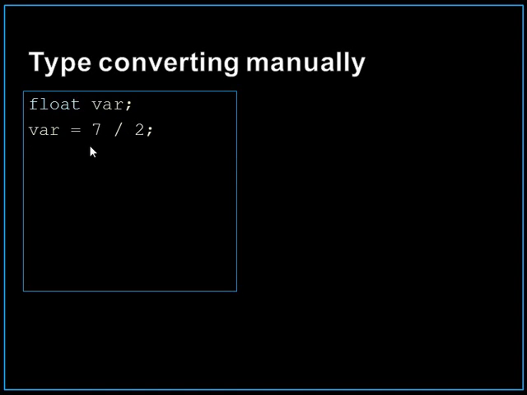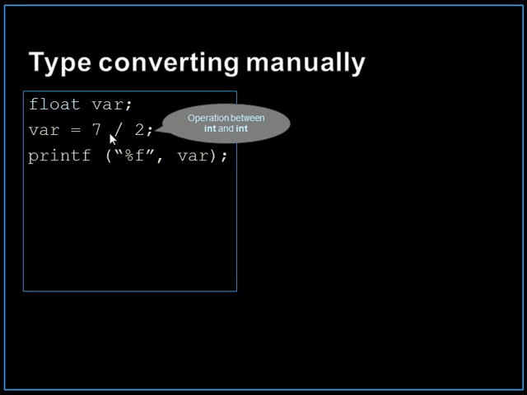Now a normal person would say that var will contain 3.5, but let's look at whether it contains 3.5 or not. This is an operation between integer and integer, so the result will be an integer. 7 by 2 is 3.5, the decimal part is truncated, so we get 3.